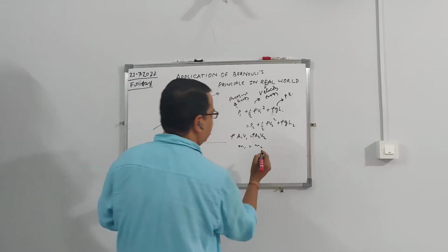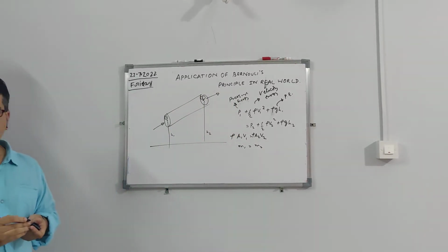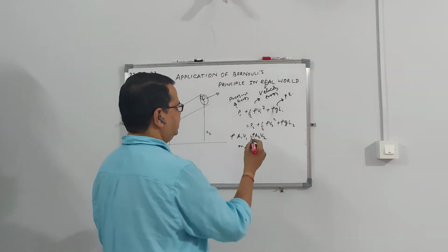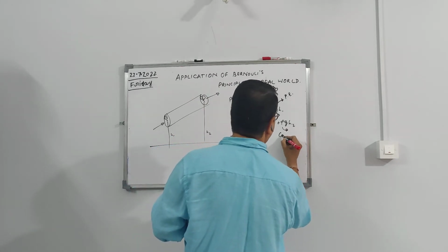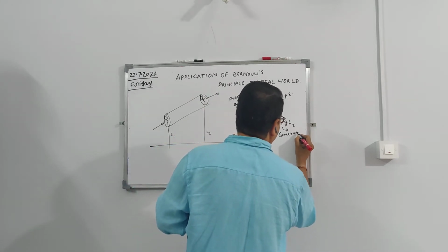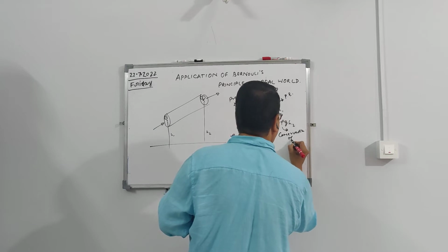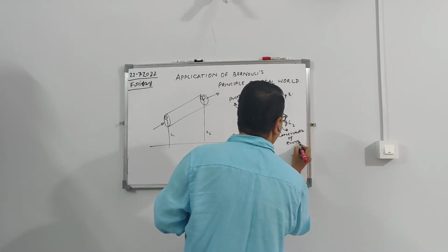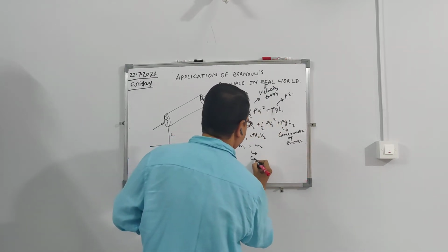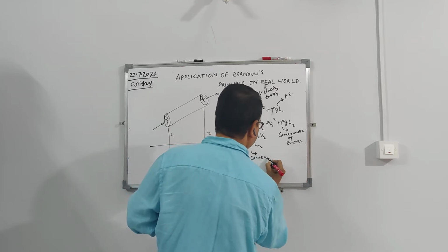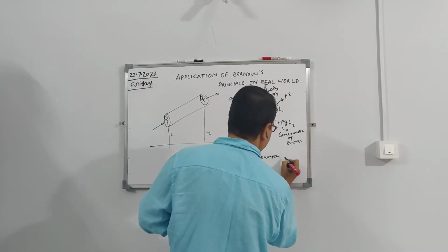That means mass cannot be created nor destroyed. So this is conservation of energy, Bernoulli's principle, whereas this is conservation of mass, your equation of continuity.